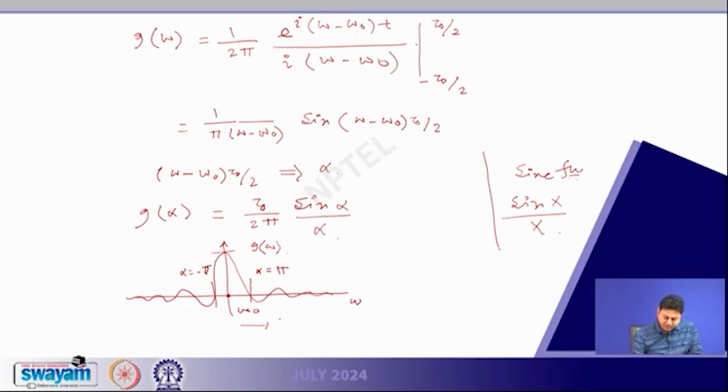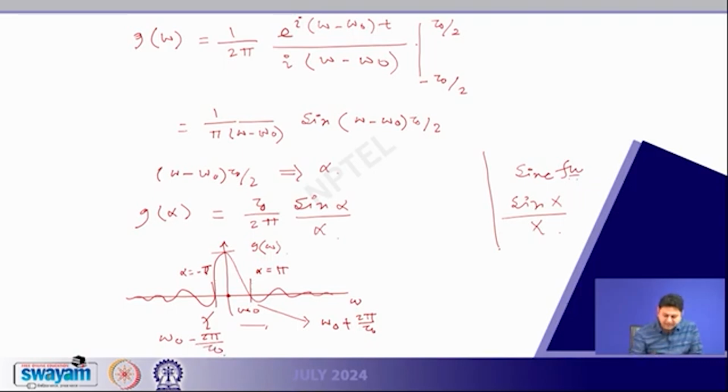So alpha equal to pi means this value is at omega 0 plus 2 pi divided by tau naught. If I put alpha equal to pi here, then I can find the value of omega, and this value is omega naught minus 2 pi by tau naught.